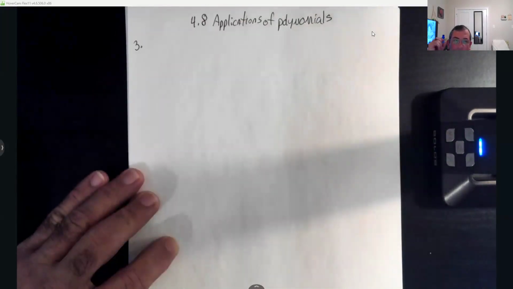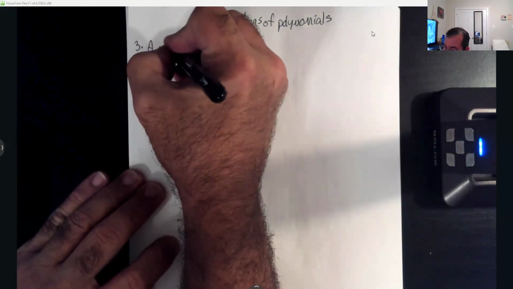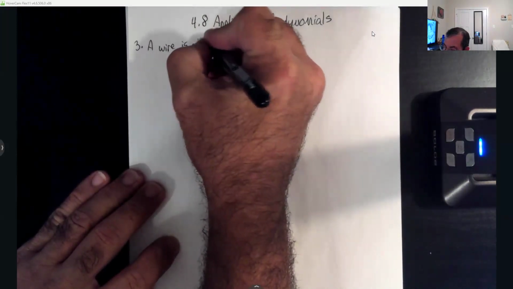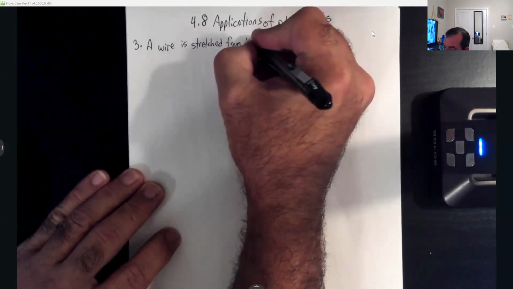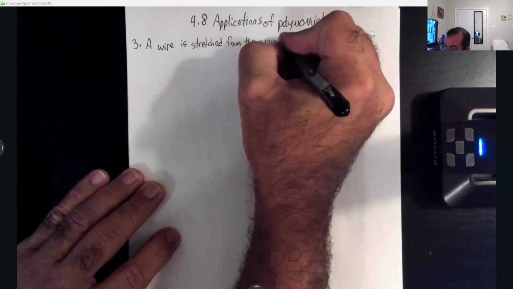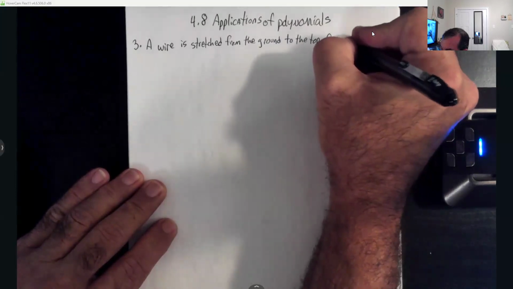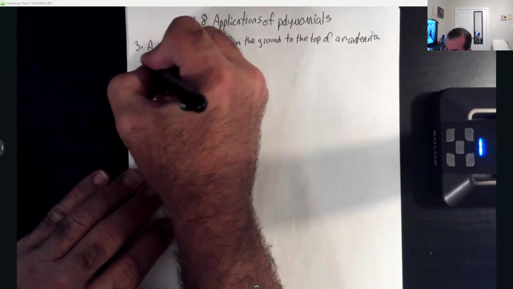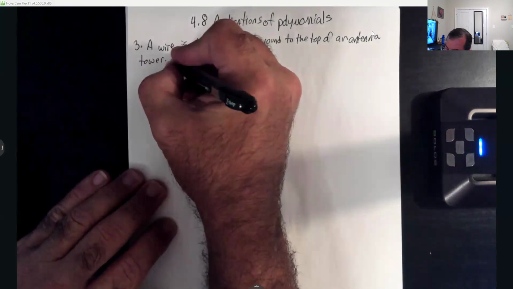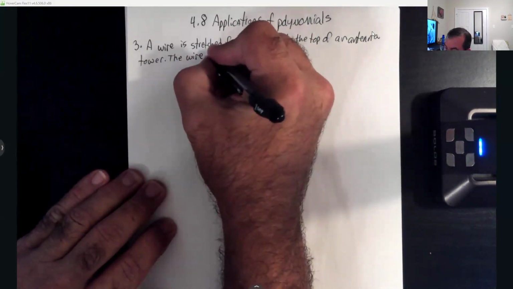So for number 3, they say a wire is stretched from the ground to the top of an antenna tower. The wire is 10 feet long.